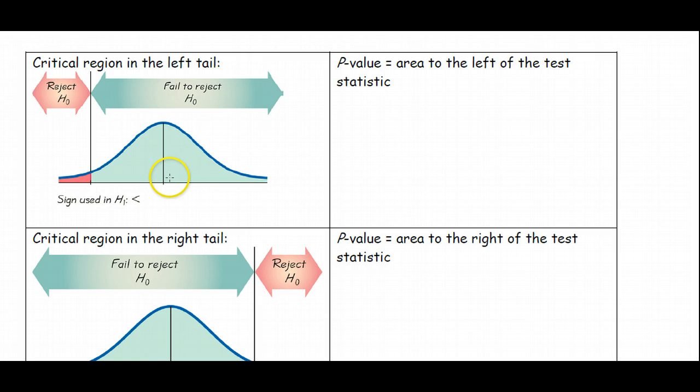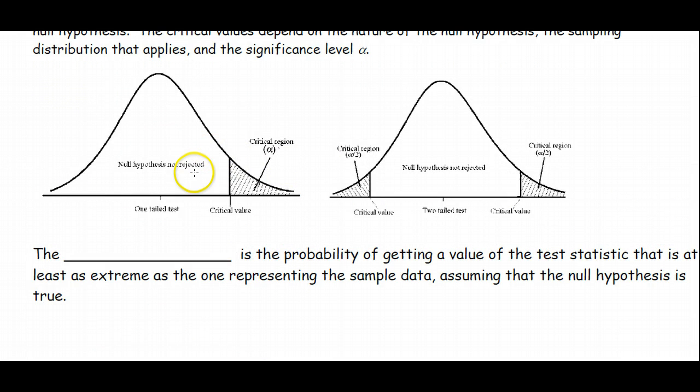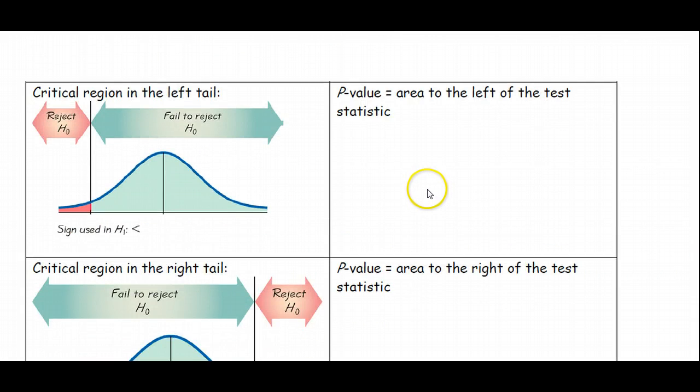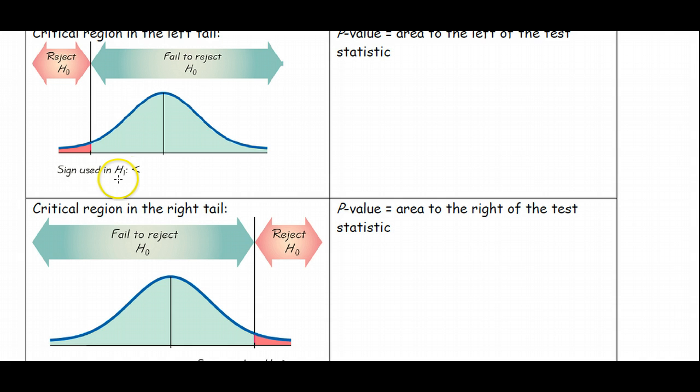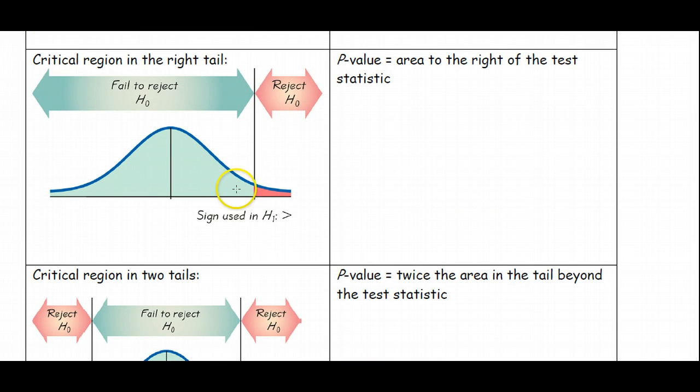So these figures kind of depict what would happen. It's like this last one we were looking at. I had said this was a greater than, so that was here. If the sign used in the alternative is a less than, it means I'm a left tail, and so my critical region is over here. If it's in the right one, my critical region is over here, and I should have a greater than in my alternative.